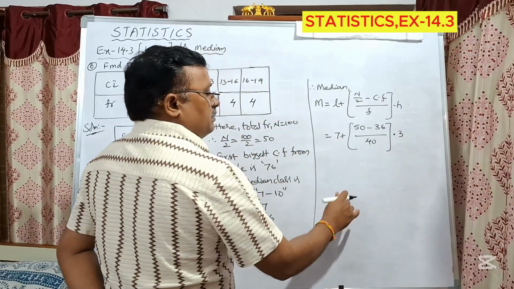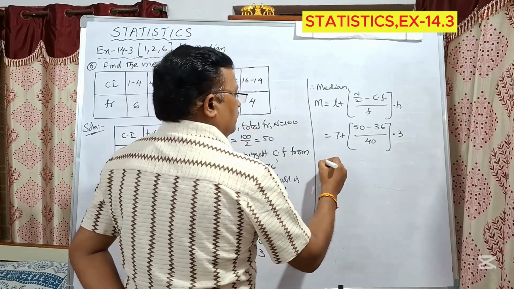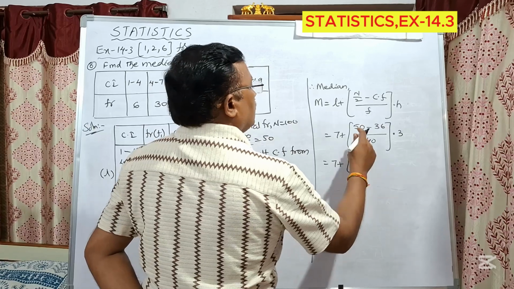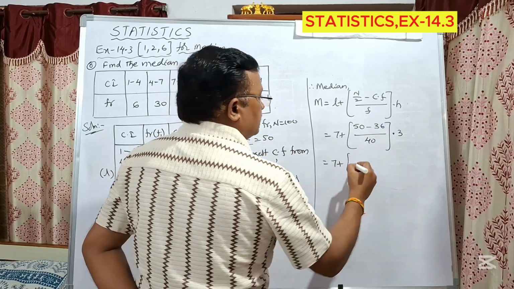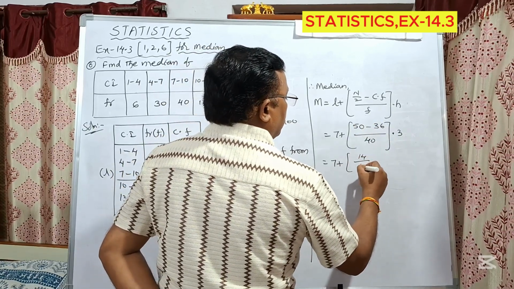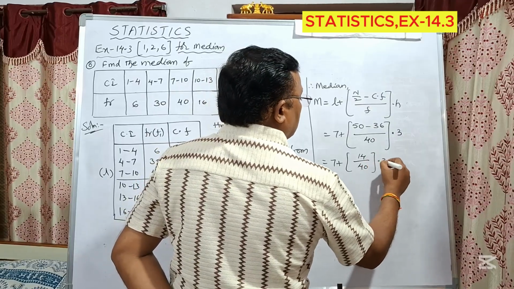Understood? Let us simplify for finding the final answer, which is equal to 7 plus 50 minus 36 is 14 by 40 into 3.